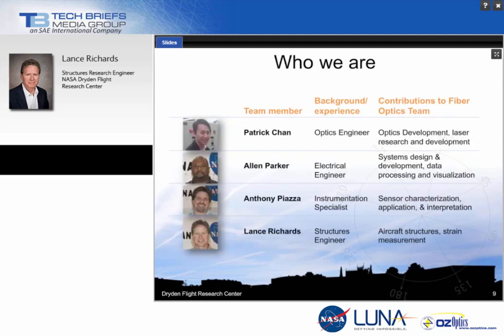who we are. We have this team, as I mentioned. Patrick Chan's background is in optics and laser development and research. Alan's background as an electrical engineer is in systems design and development. He's also been really key in the processing and visualization, as well as the system development activity for the FOSS system.